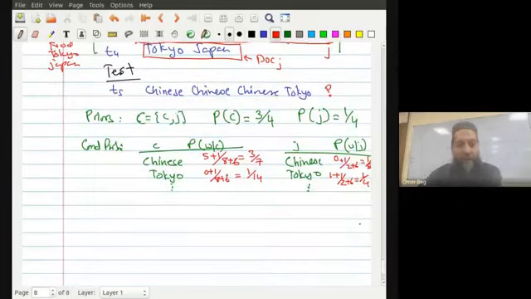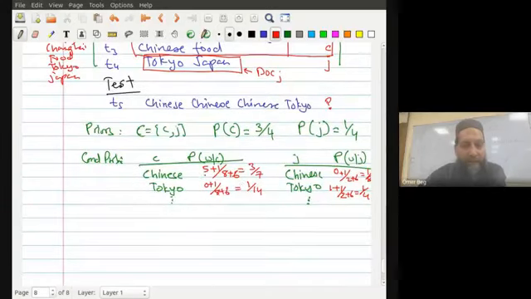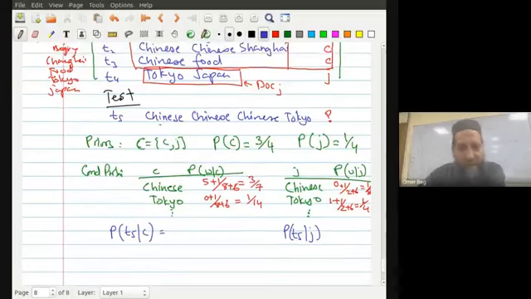Okay, so now we have the required probabilities for the conditional probabilities to calculate the argmax. What we are going to be doing is calculating the probability of this sentence T5 belonging to class C, and the probability of T5 belonging to class J, and we will be multiplying these three times.